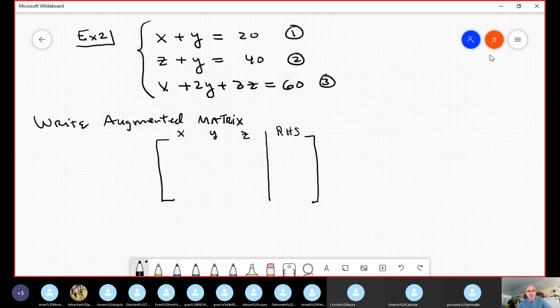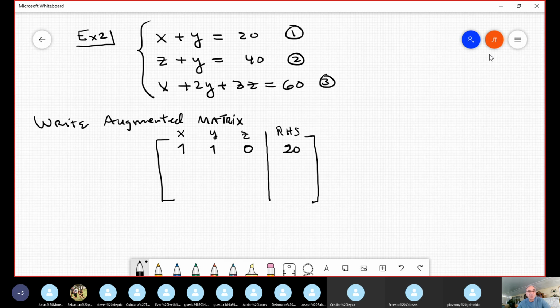Supposing the first equation, how do you translate equation number 1 to the matrix form? Well, the coefficient in front of the x is 1, in front of the y is 1, and in front of the z, we have no z, it is missing, so 0. The right-hand side is 20. This row represents the first equation.